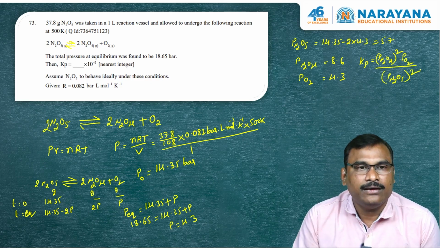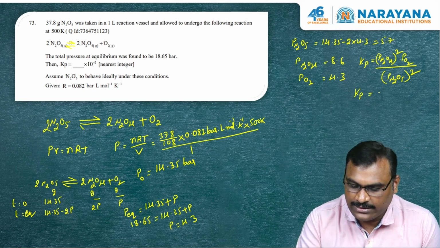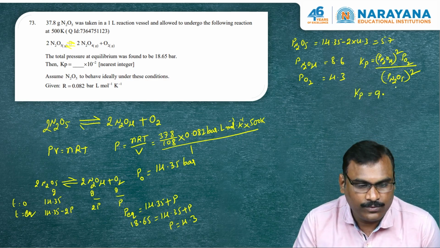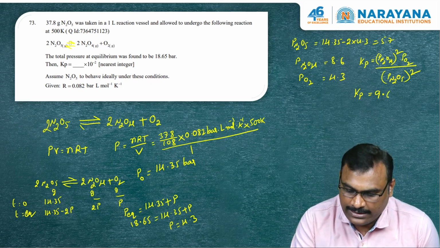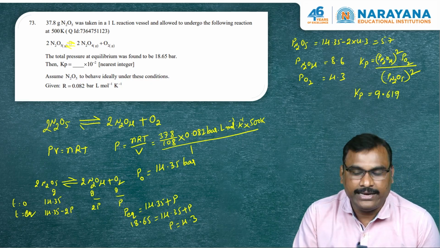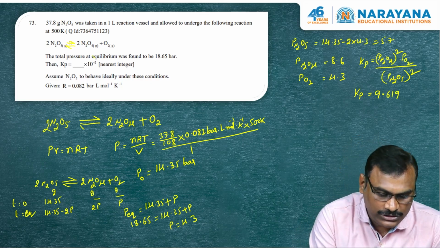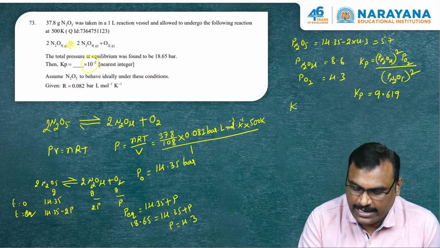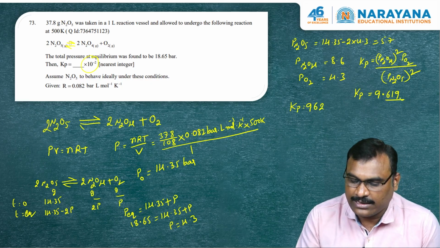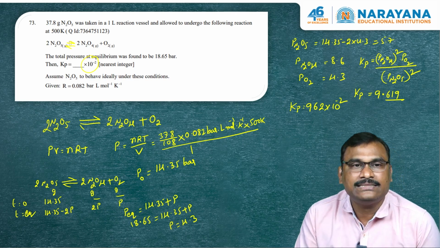After substituting the equilibrium pressures in the Kp equation, we get Kp equal to 9.619. But they asked the answer in units of 10 power minus 2. Then Kp is equal to 962 into 10 power minus 2. So the answer should be 962.